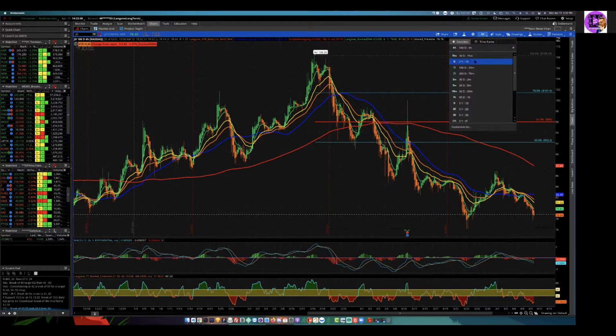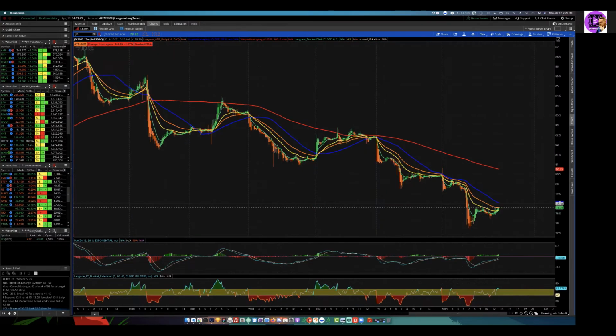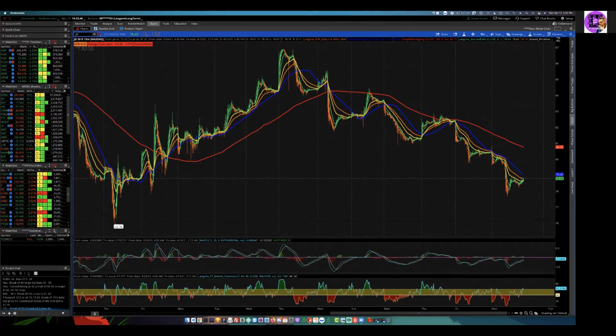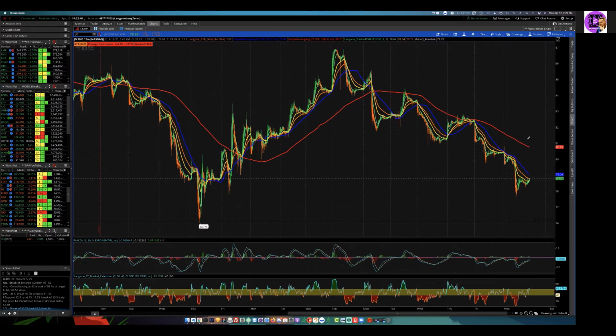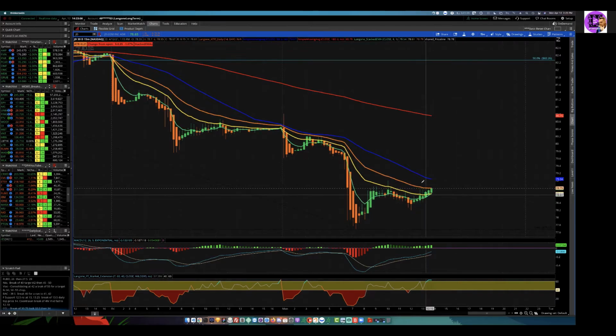I'm gonna bring this down a little bit. Right. This is going to be the last leg in the W pattern. Right. So initially, what I'd like to see is JD stack the EMAs positive for a nice move upwards.